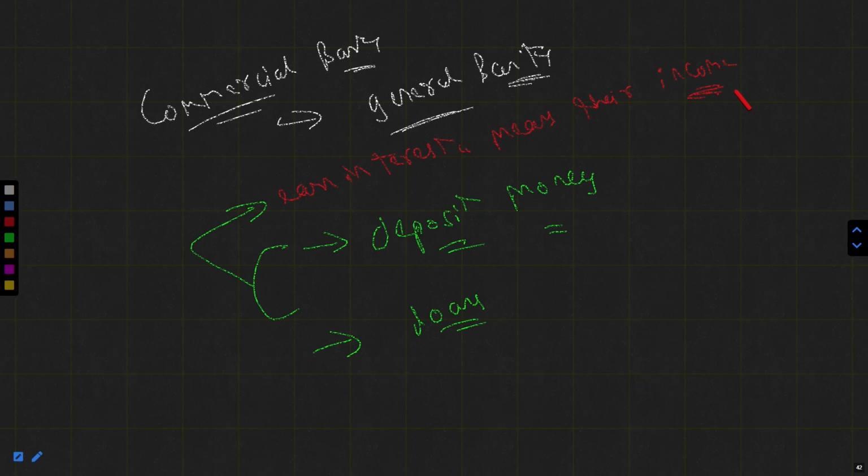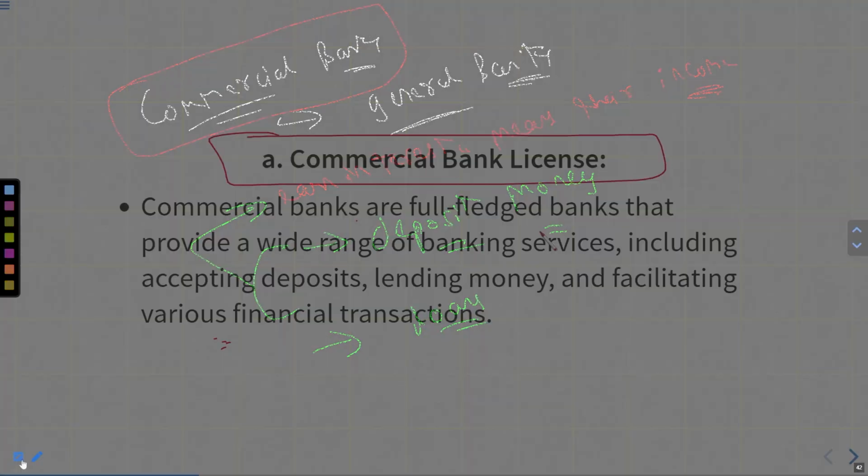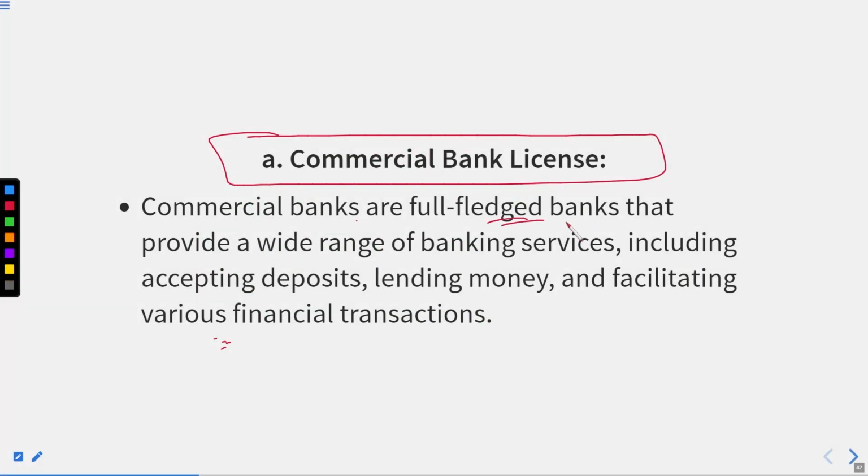Okay, that was the concept. So these banks are known as commercial banks, which means they are full-fledged banks that provide a wide range of banking services, like various types of loans: personal loans, home loans, car loans, tour loans, all kinds of things.